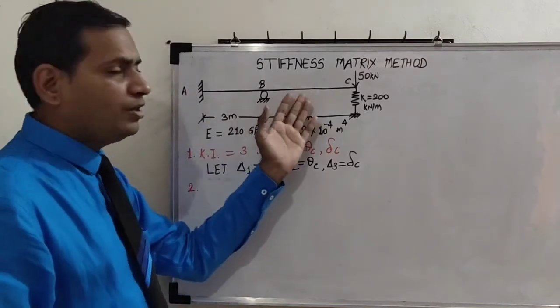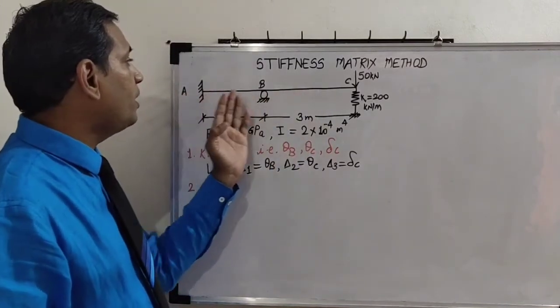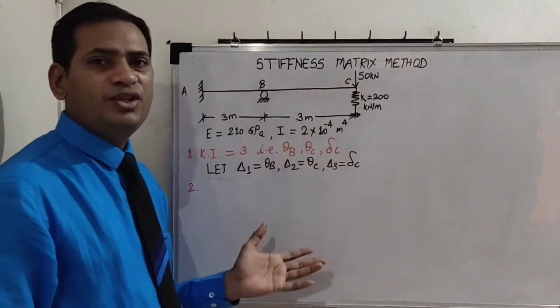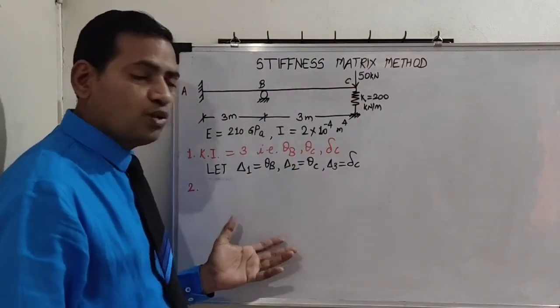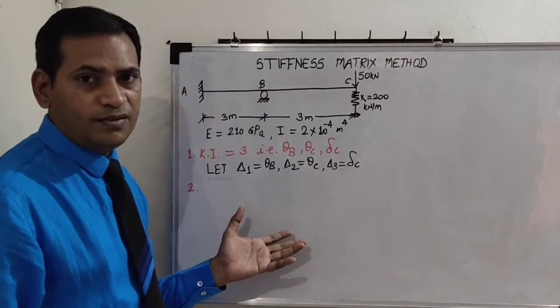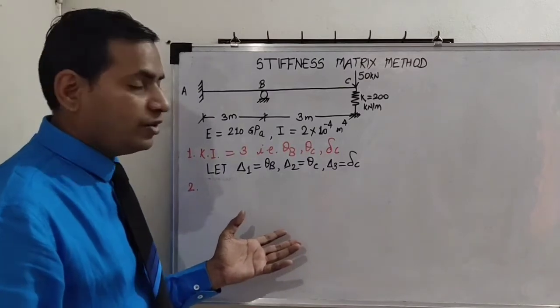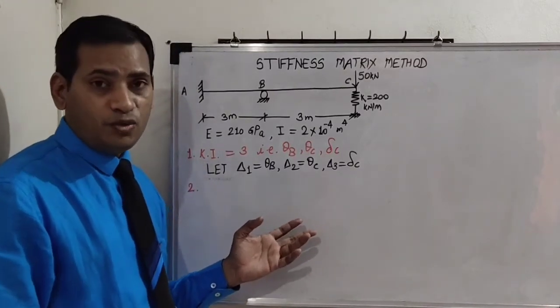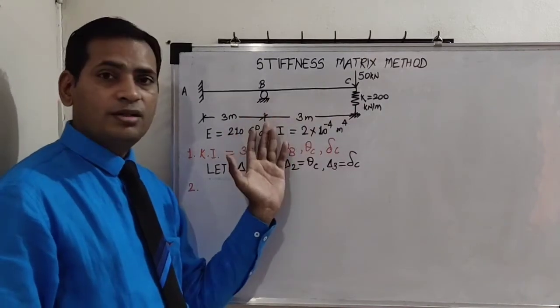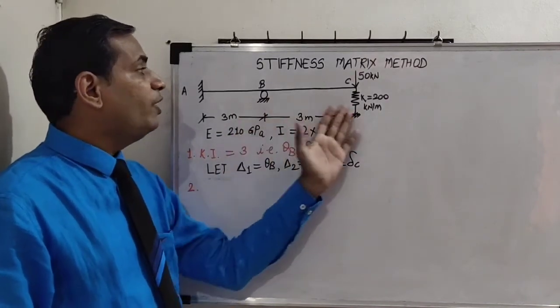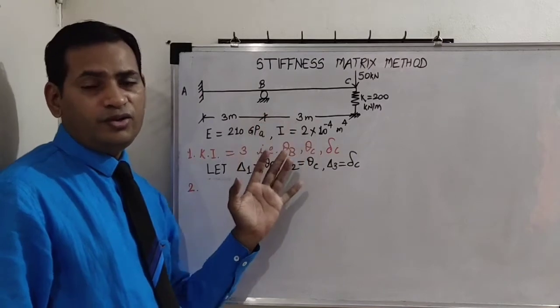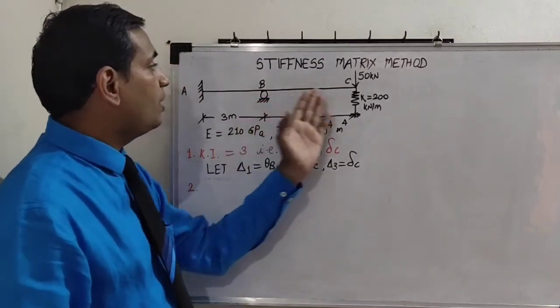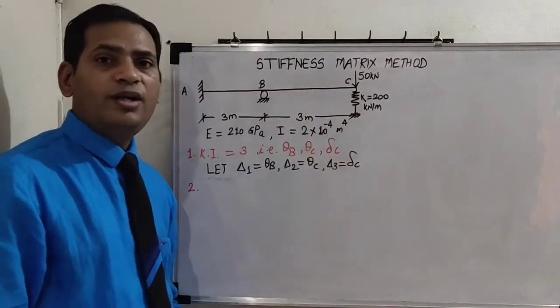Because there is no intermediate loading. MFAB, MFBA, MFBC, MFCB will be 0. So there is no question of finding out fixed end moments, hence no question of finding summation of fixed end moments on joints B and C. So PL values will be 0. P1, P2 values will also be 0 because there is no external couple on locations 1 and 2.